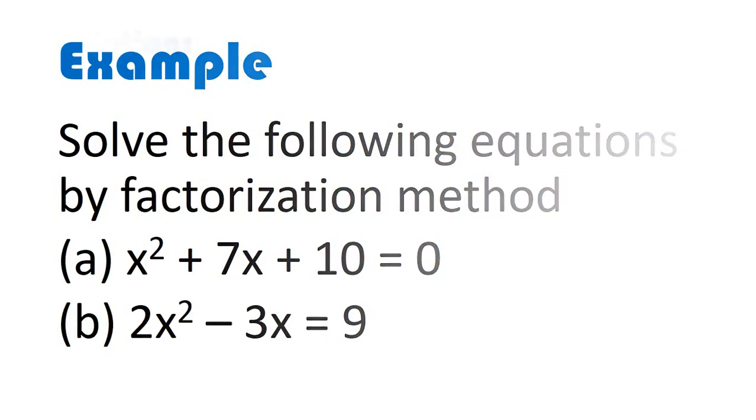Let's look at the first part of this question. Part A, that is x squared plus 7x plus 10 equal to 0. Now, good enough, this quadratic equation is already in the form ax squared plus bx plus c equal to 0.